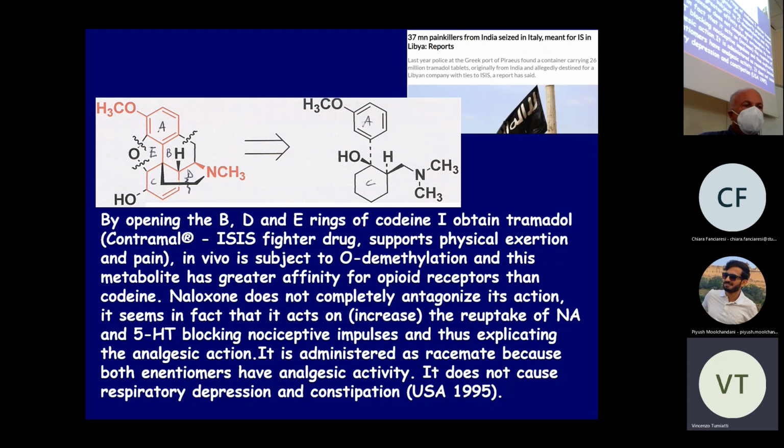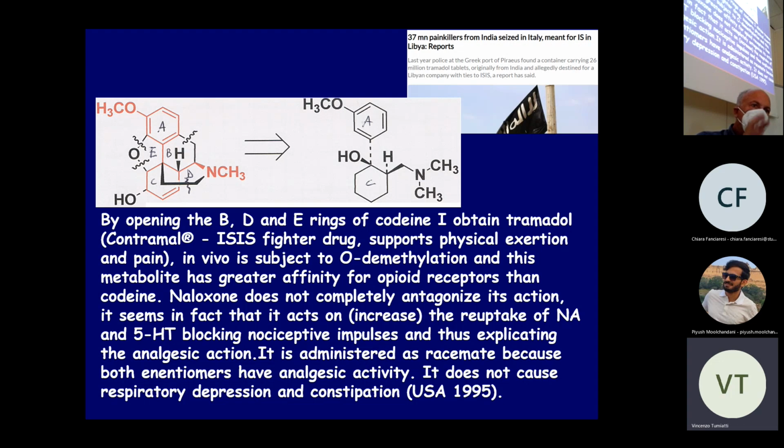We have seen how it is possible to simplify the chemical structure of morphine in order to have synthetic analogs.